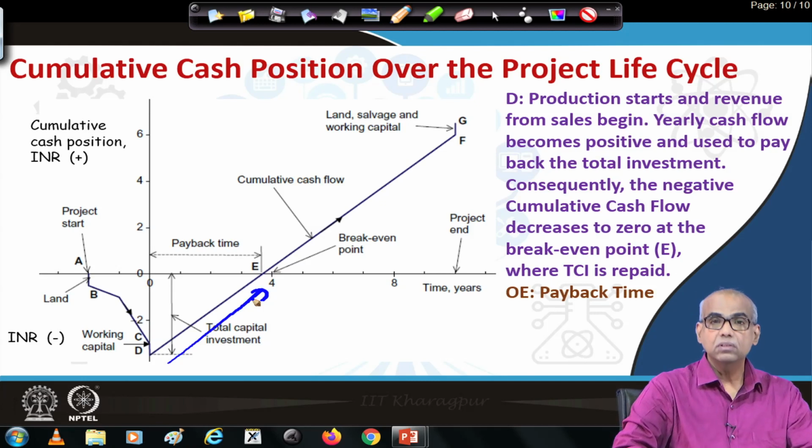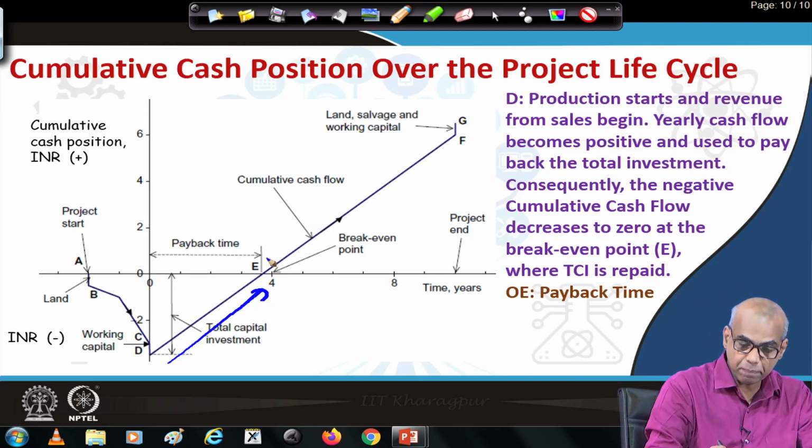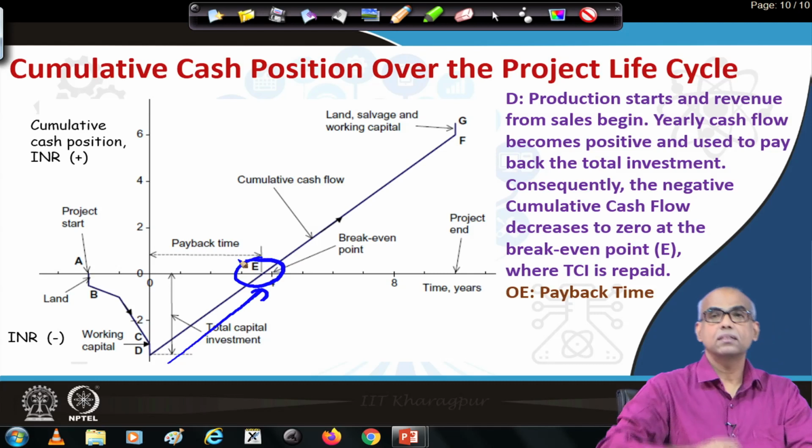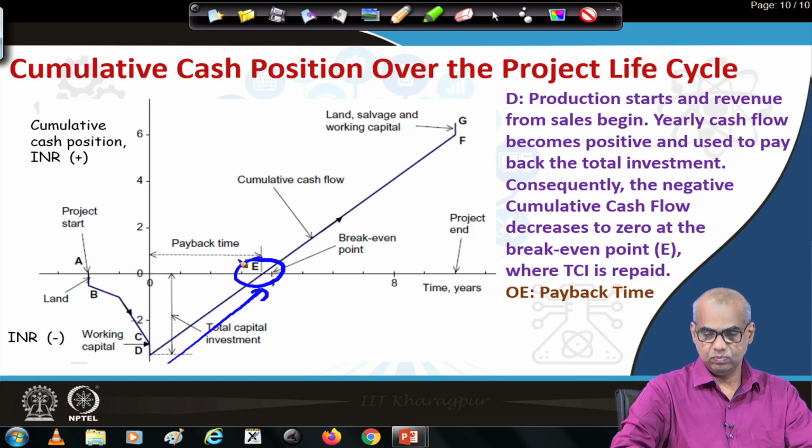And when you come at time represented by E, there will no more be any negative cumulative cash flow. The cumulative cash position will be exactly 0. This is the point where you have completely repaid the total capital investment.